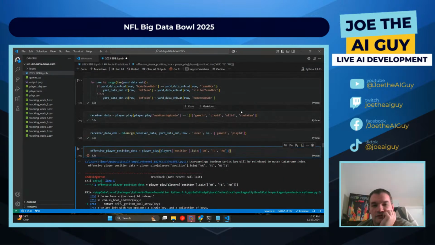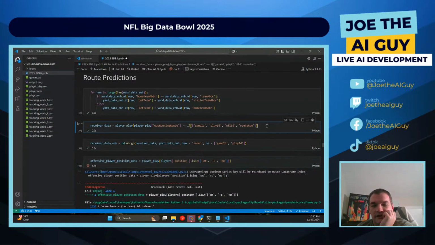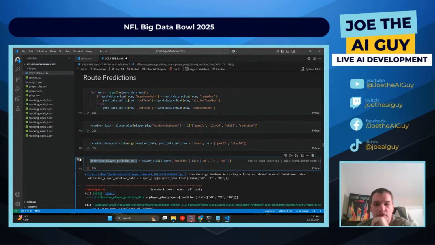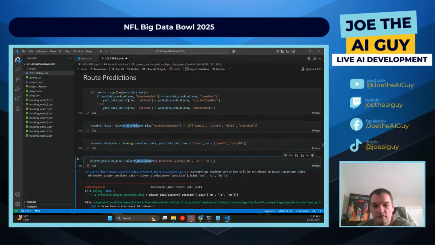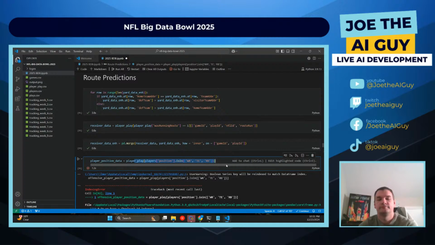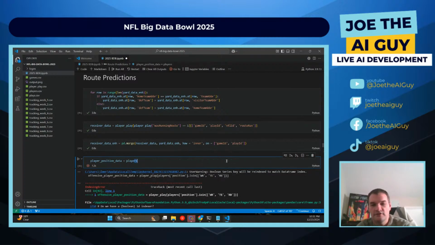So let's go here, where we know the player. Let's go to player position data. And all I want to know is players, and I want to filter. I want to know NFL ID, position.